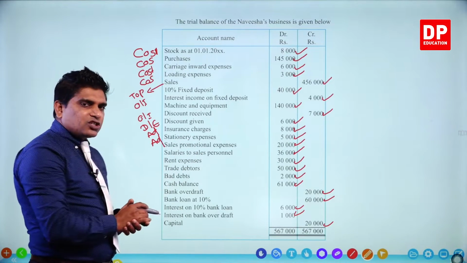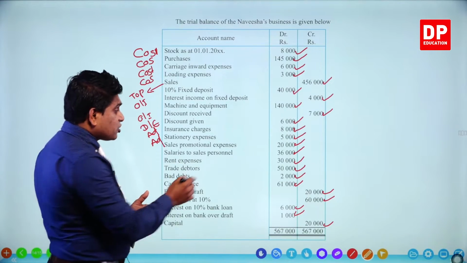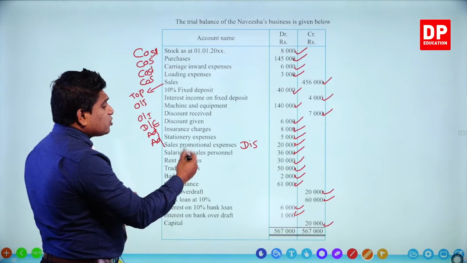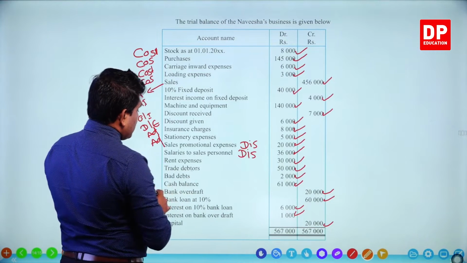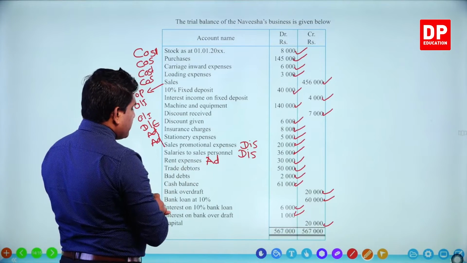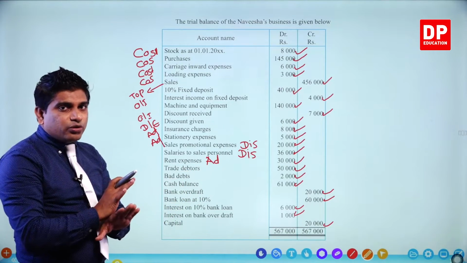Insurance charges, administration. Stationery expense, administration, right? Sales promotional expense, where? Distributing. Salaries to sales personnel, then distributing. Rent expense, administration, right? Trade debtors, debtor is an asset, so you don't take it.